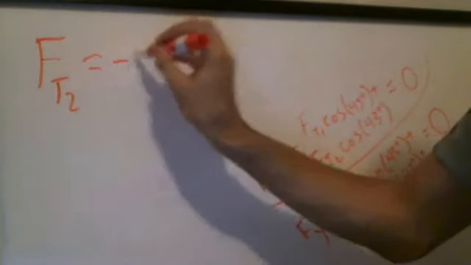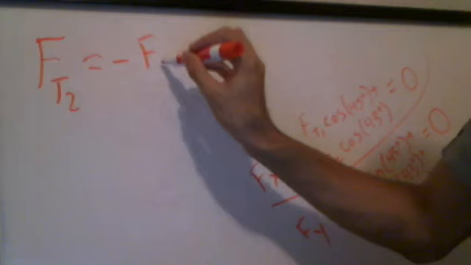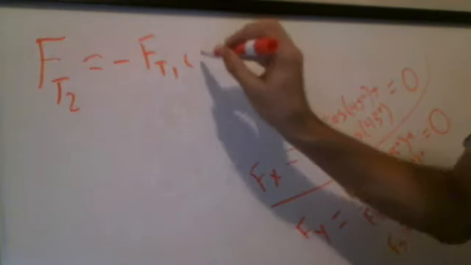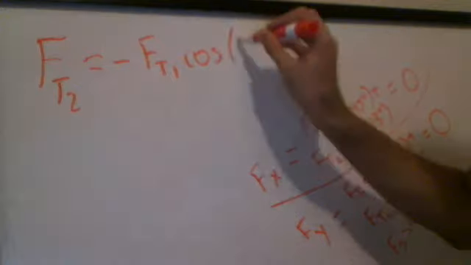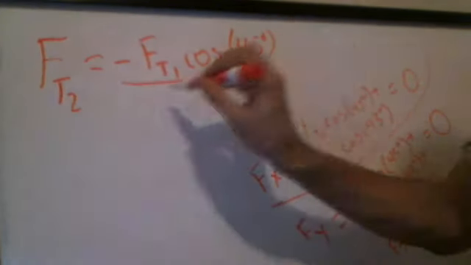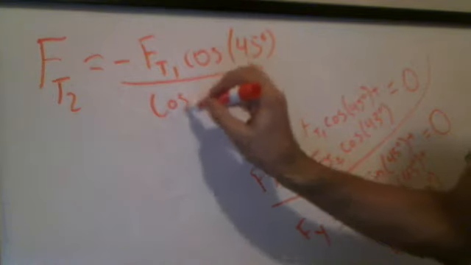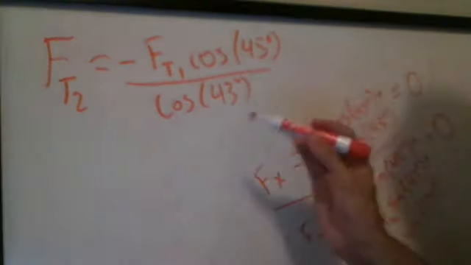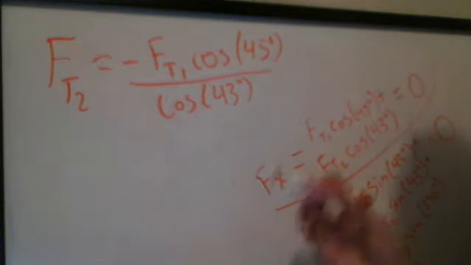It's equal to negative Ft1 cosine of 45 degrees over cosine, I'm so tired right now, 43 degrees. Alright, that is F2.